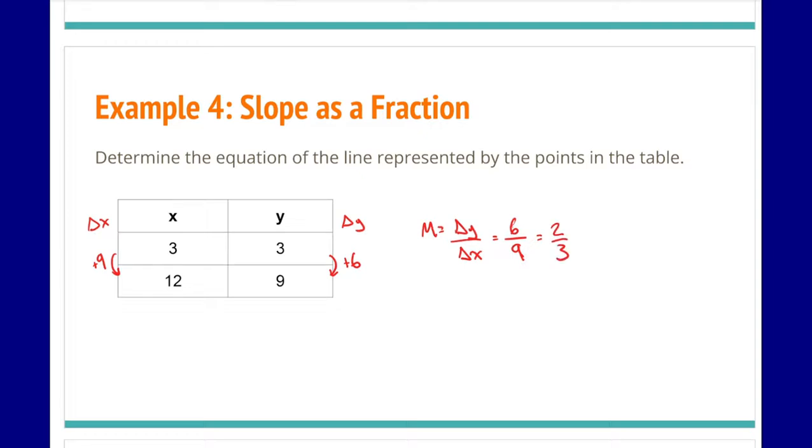Now I need to figure out what my b value is. Well, the way this multiplier works, this is saying increase of 2 for every increase of 3.